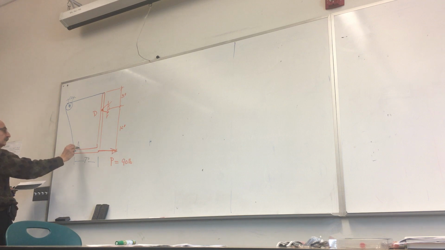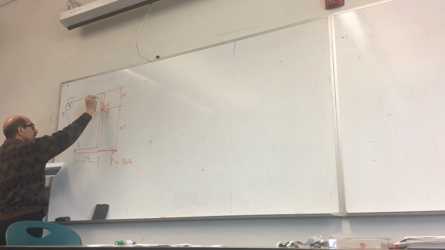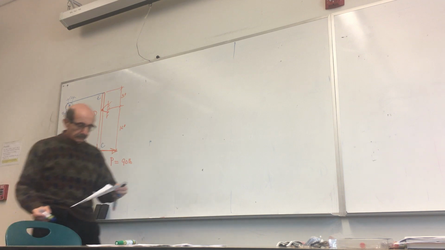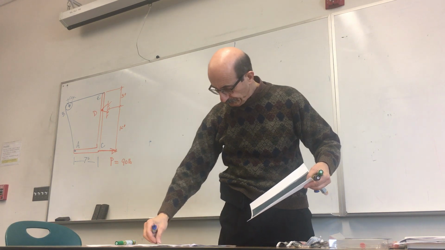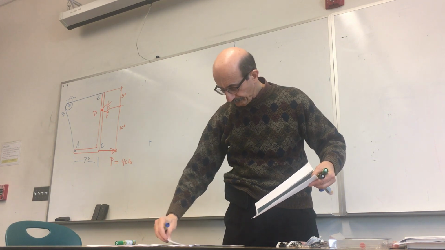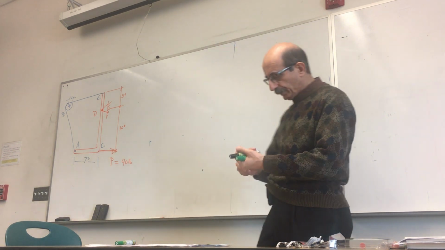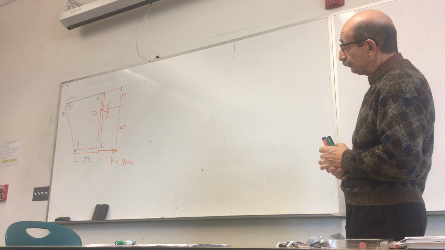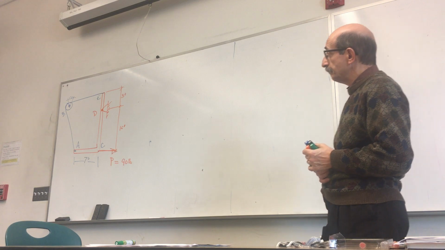Let me label these A, B, E, D, C. And again, what you've been asked is to find the unknowns, or the support reaction forces that hold this structure in place.